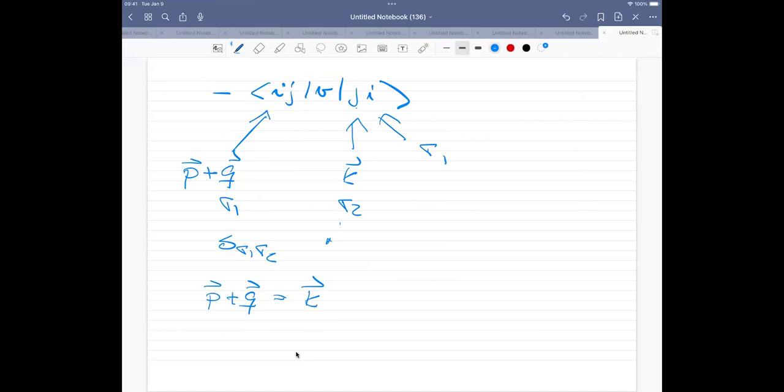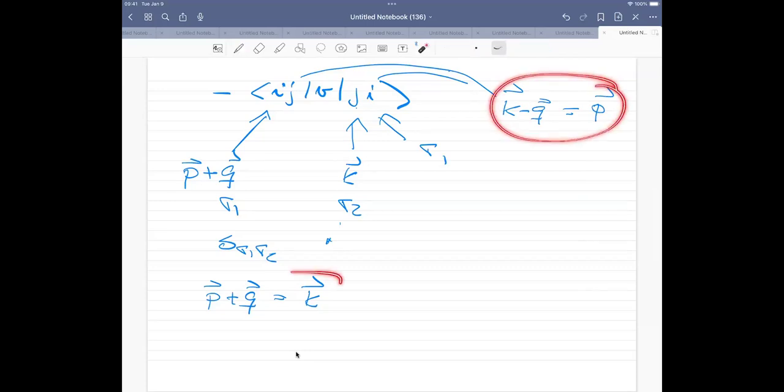And then for the other states, particle 2, when I look at the integrals which we have to evaluate, in that specific case what I end up with is a K minus Q, which has to be equal to P. And then you see that this constraint here obviously matches this constraint here.